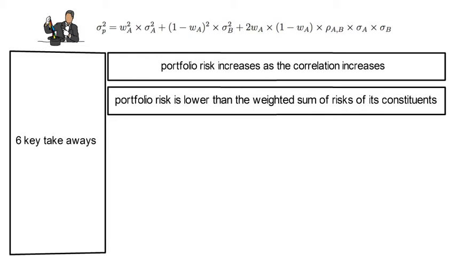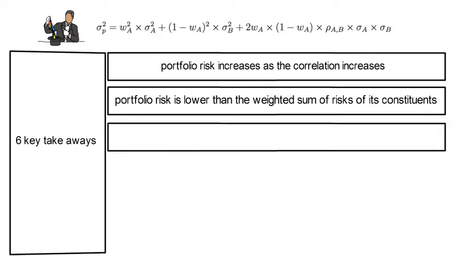The only exception comes up when there is perfect correlation among all the assets in the portfolio. It's only in that very special case that portfolio risk is equal to the weighted sum of single asset risks.